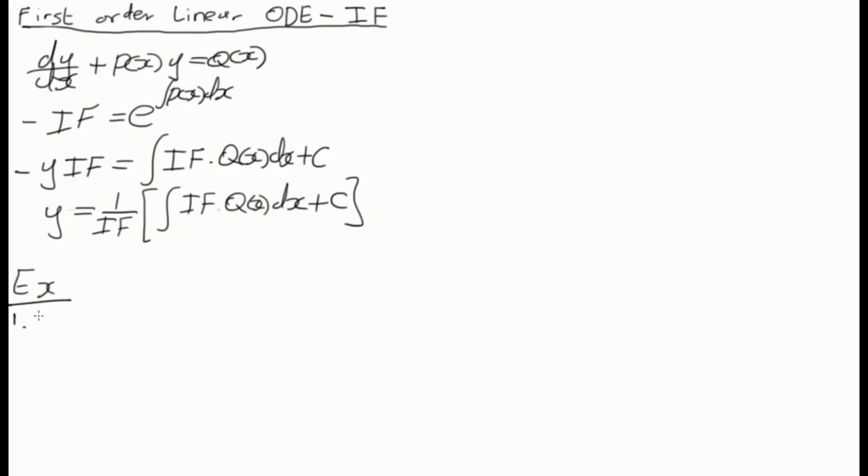So they give us the first one, x dy over dx plus 2y is equal to x squared, y of 2 is equal to 3.